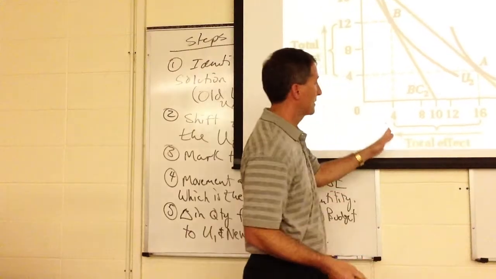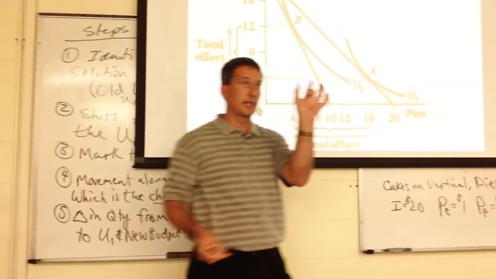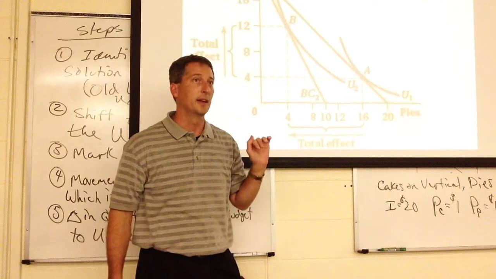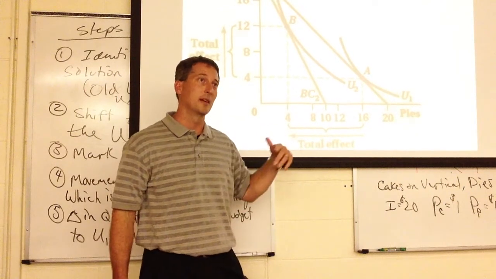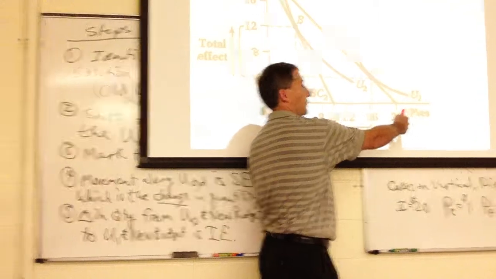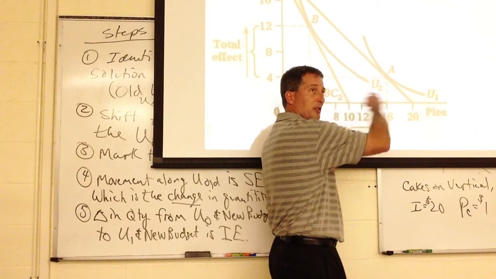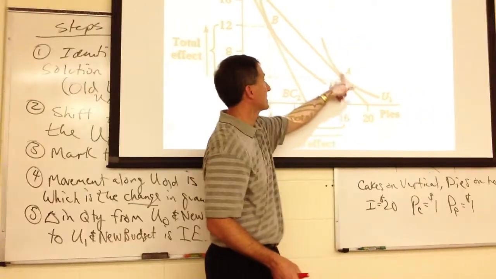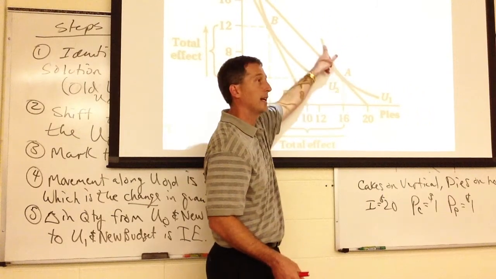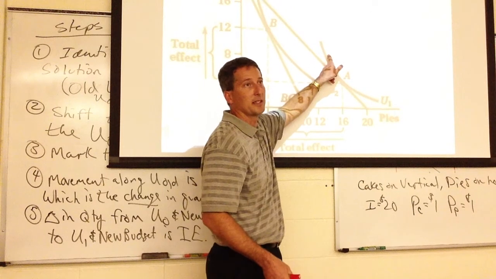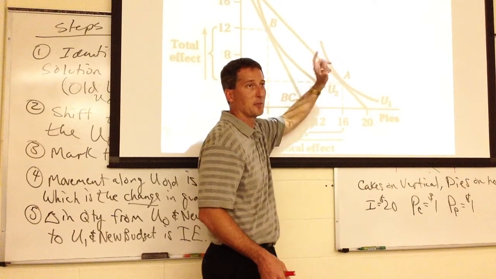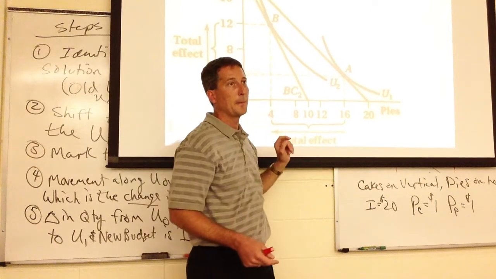So the total effect is equal to the addition of the income and substitution effect. Here's the trick that you'll see in some problems. It's possible that with an inferior good, the income effect will overwhelm the substitution effect. The substitution effect is always a trade-off, but the income effect isn't necessarily always a trade-off, as you'll see in some problems.